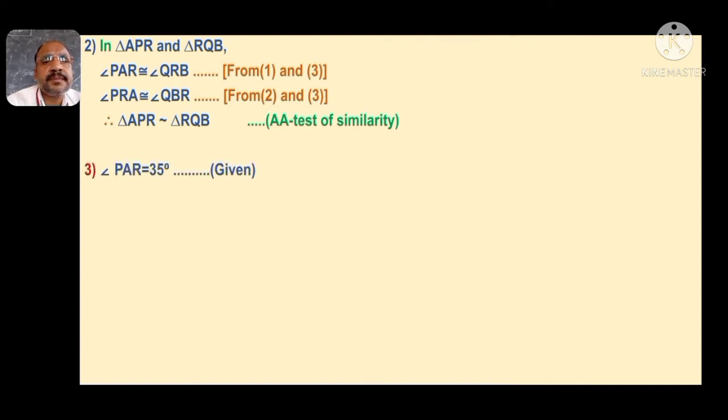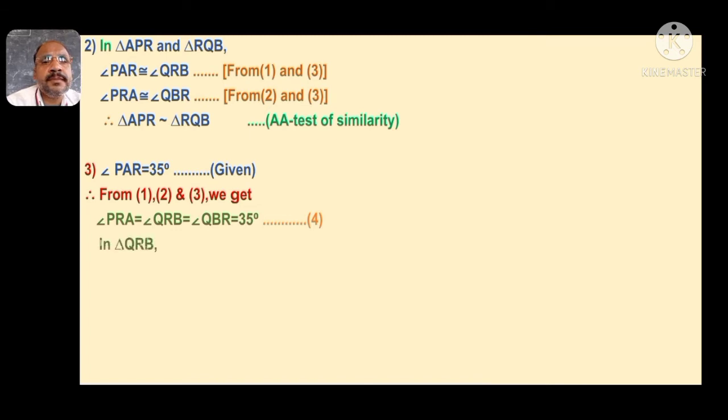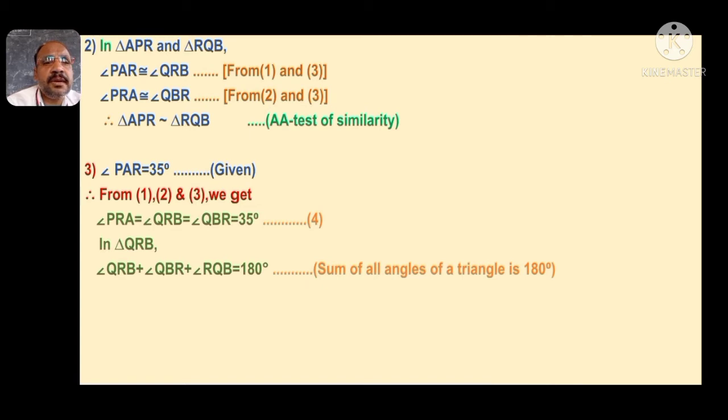Now third, angle PAR is equal to 35 degree, which is given. From first, second and third, we get angle PRA is equal to angle QRB, which is equal to angle QBR, which is equal to 35 degree. Equation number 4. In triangle QRB, angle QRB plus angle QBR plus angle RQB is equal to 180 degree, sum of all angles of a triangle is 180 degree.